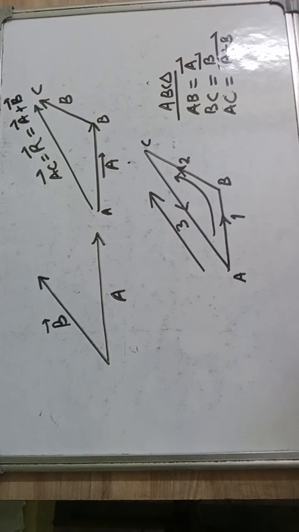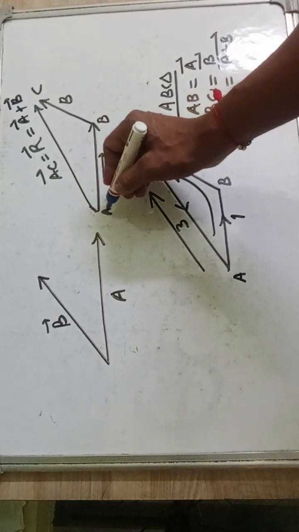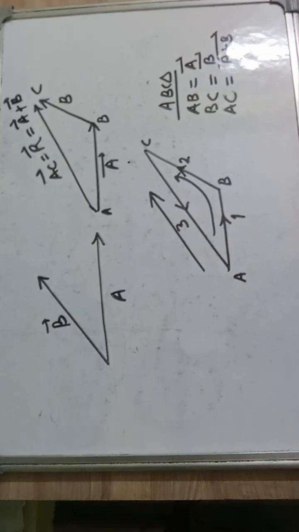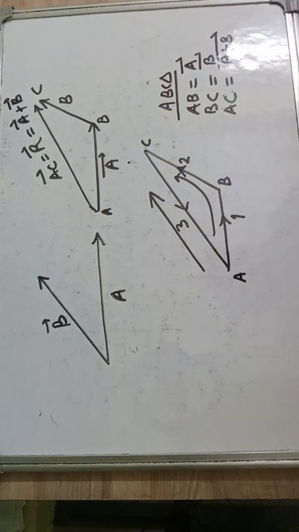As we know, magnitude of a vector is represented by the length and arrow indicates its direction.